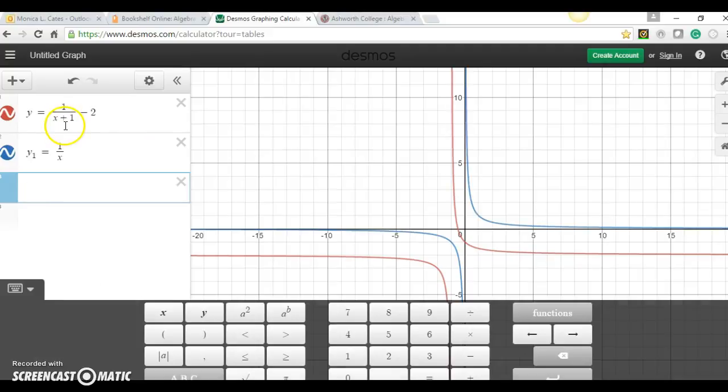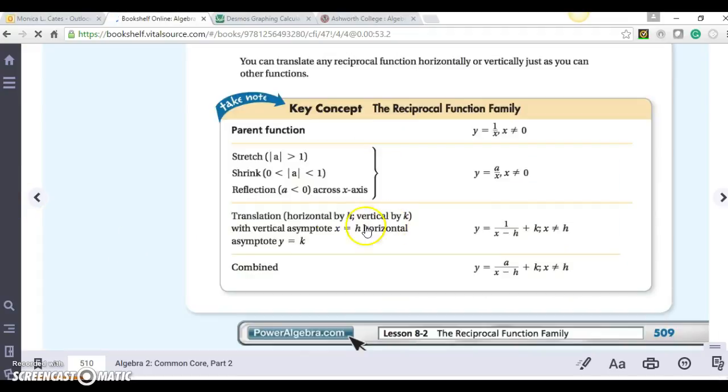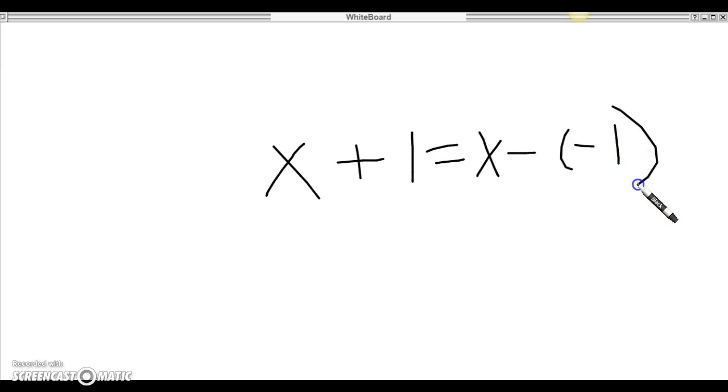So here I have a plus 1, and remember, the formula lets us know that we should have minus h. So I'm going to use the opposite sign because I have a plus here. x plus 1 is the same thing as x minus a negative 1. So I'm really dealing with negative 1.